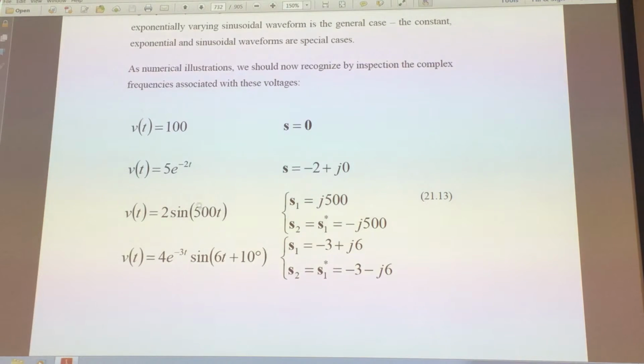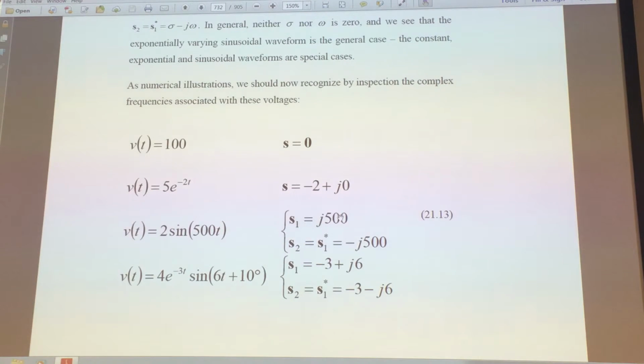Now for a purely sinusoidal signal, as I said, we skip the maths, but we normally drop the second solution. We only look at the first root here, which is just j omega. So for a sinusoidal signal, our complex frequency is purely imaginary. We're already familiar with that.